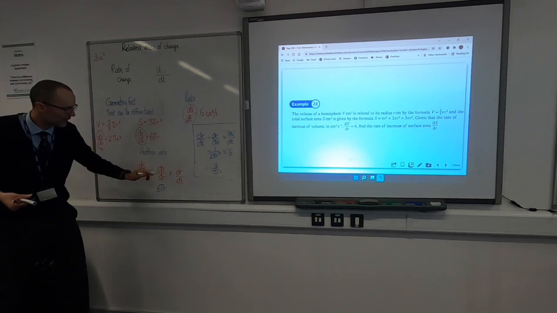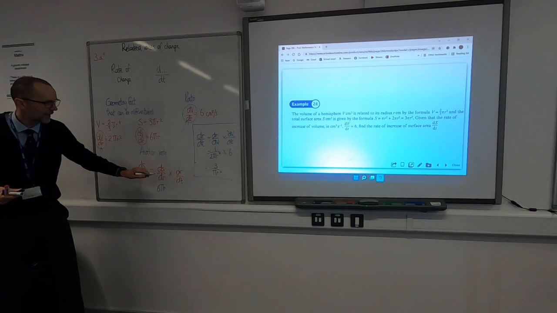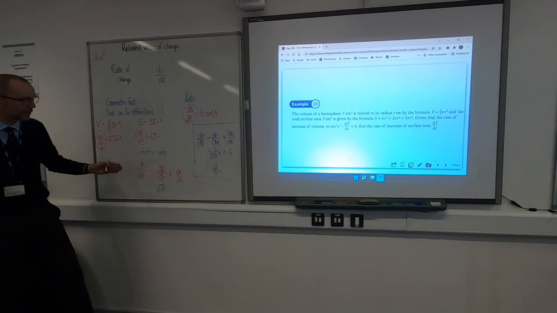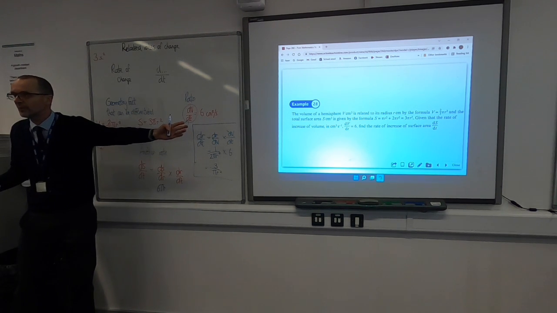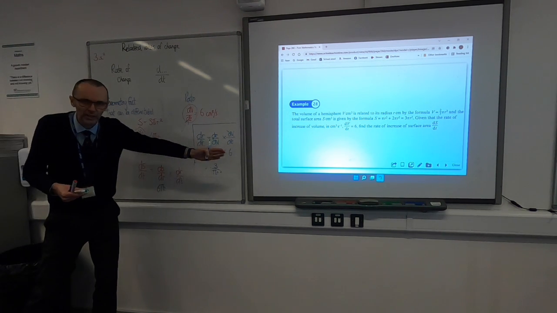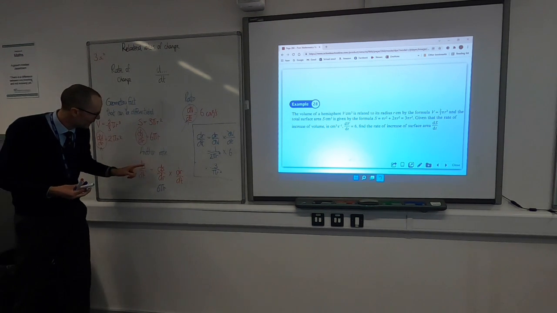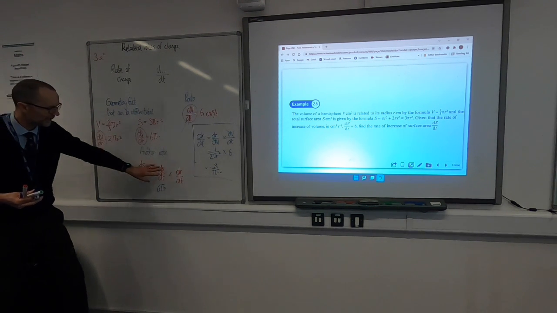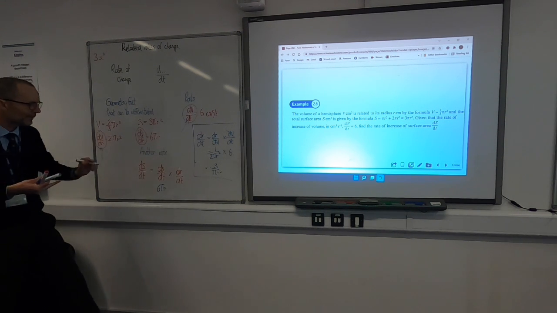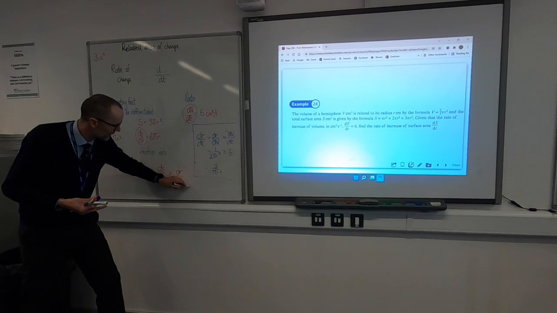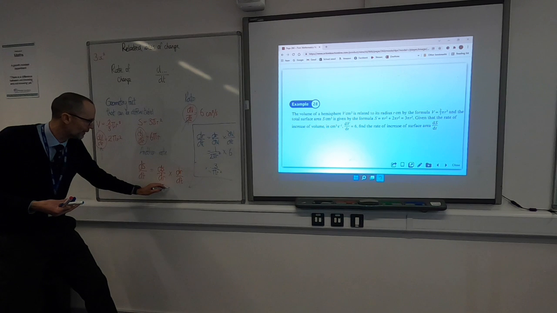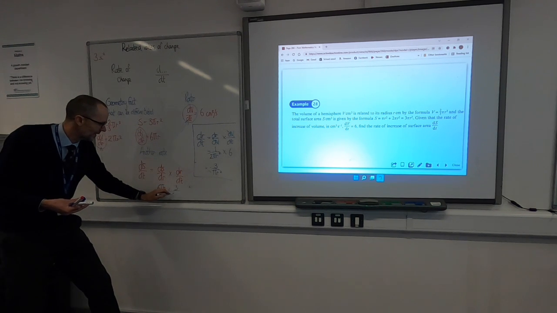So I've built the thing I need here, and some of you might feel confident enough to do that in one sum. You might be able to do that in one go. I'm not confident enough when I come to this, so I tend to find one of the ones which I can use and then decide what the other one will need to be. Anyway, I've worked out what that is now, so I can plug that back in. Sorry, I know I'm doing a lot of this at the bottom of the board, so it's hard to see.